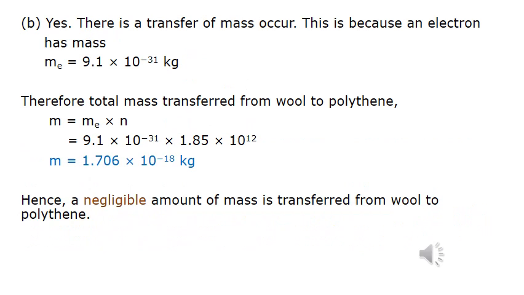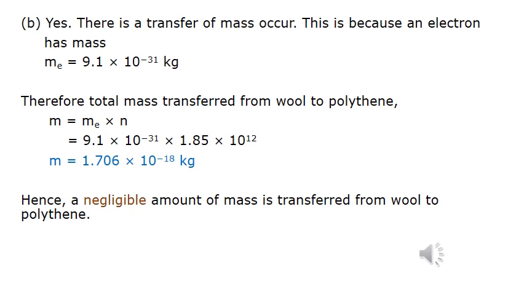Part B. As we have studied in the video lecture, a charge can never exist without mass, so mass has also been transferred in the question, because there has been charge transfer from wool to polythene. And we know that the mass of an electron is equal to 9.1 into 10 to the power minus 31 kilogram.